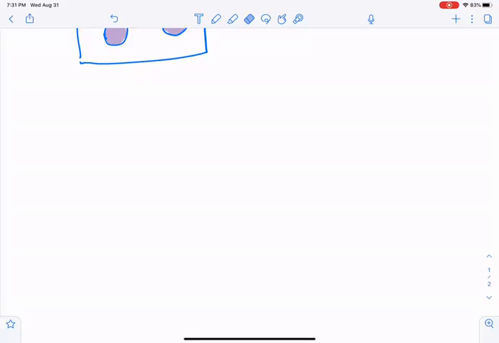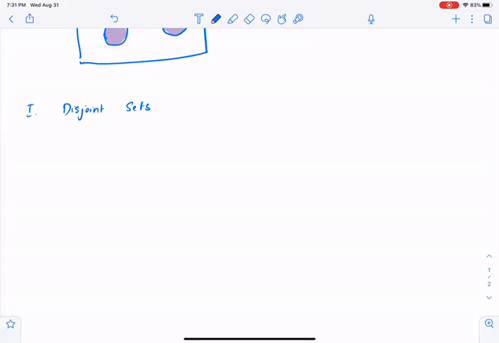So case 1 of Venn diagrams is to represent disjoint sets. Disjoint would mean something that is not joined or connected.